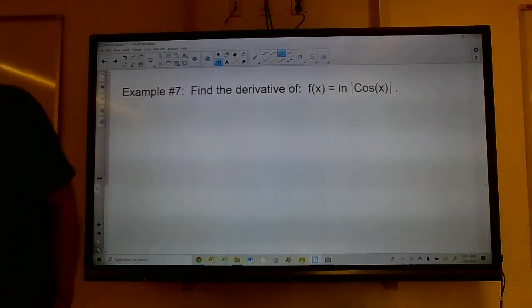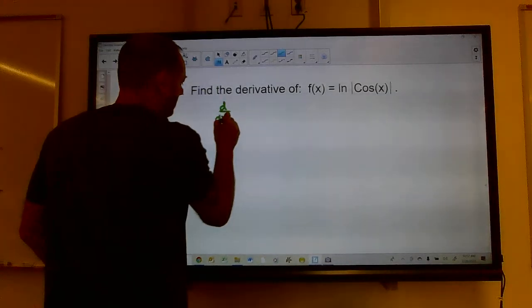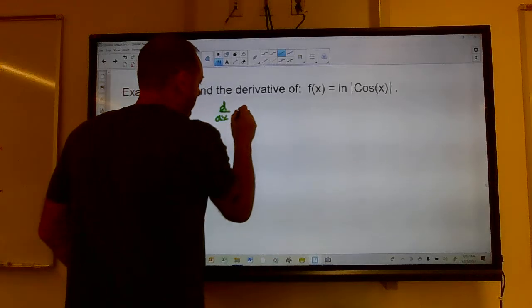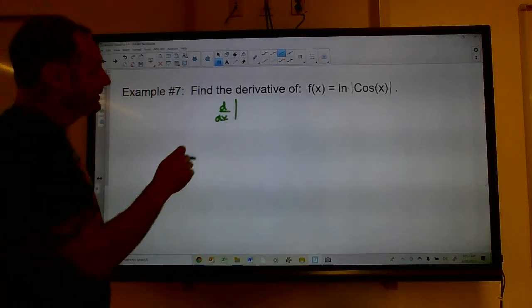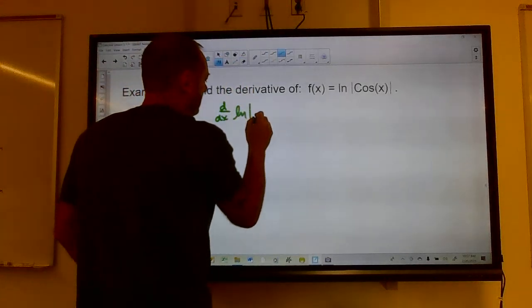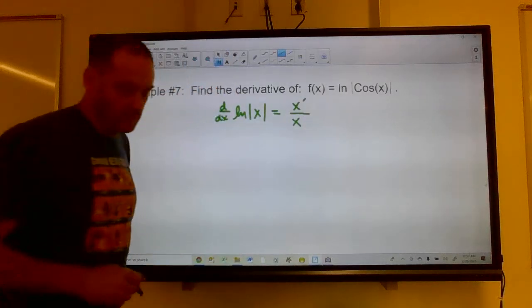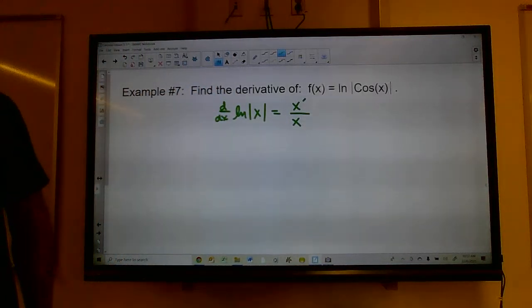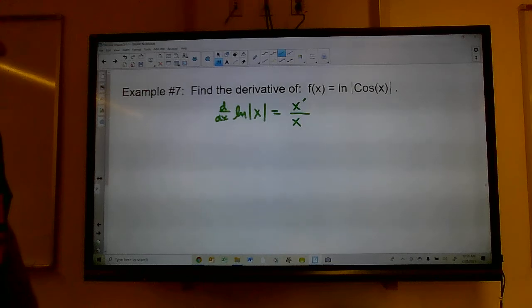The derivative of the natural log of the absolute value of x is 1 over x times x prime.